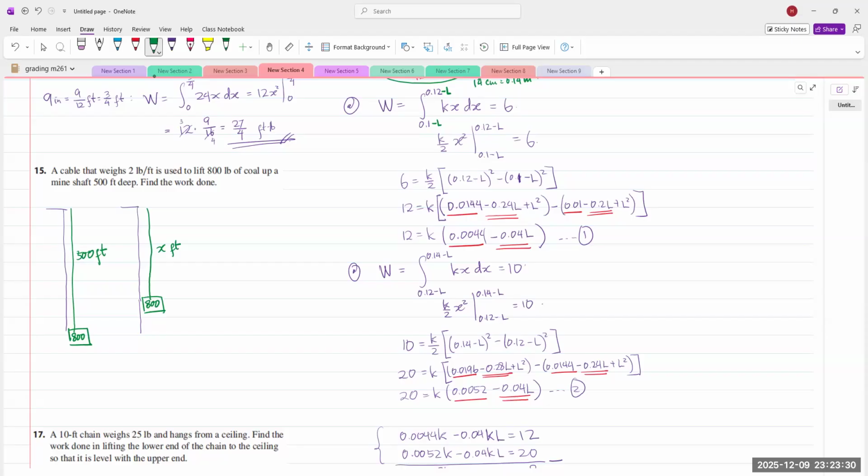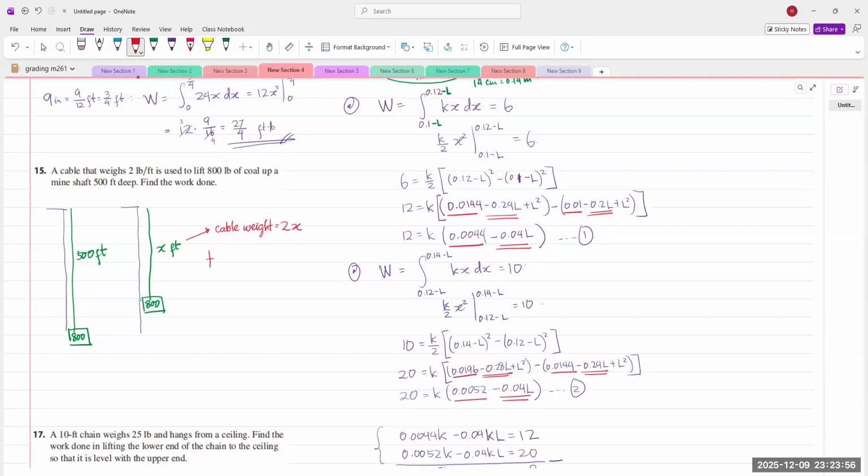So what is the force function? What is the weight of this cable? For this one here, the cable weight will be 2 times X, because X feet times 2 pounds per foot is 2X.